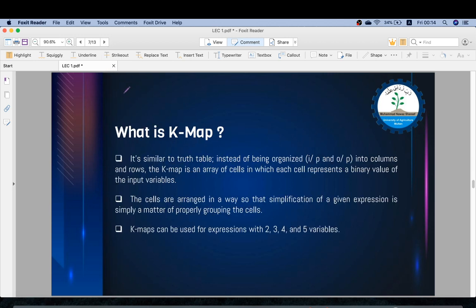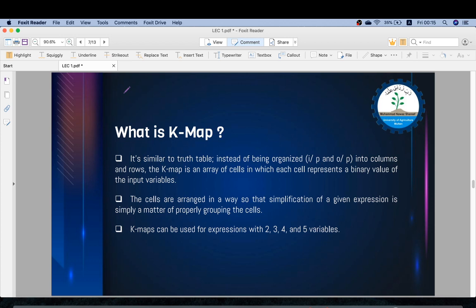So what is a K-map? It's similar to a truth table. I think you all know about the truth tables we used to study in different subjects. Instead of organizing inputs and outputs into columns and rows, the K-map is an array of cells in which each cell represents a binary value of the input variables. The cells are arranged so that simplification of a given expression is simply a matter of properly grouping the cells.